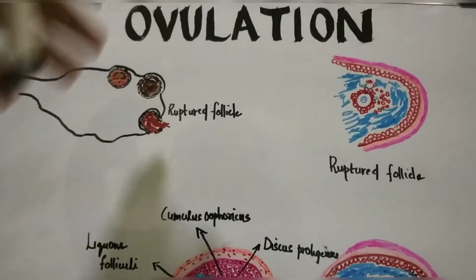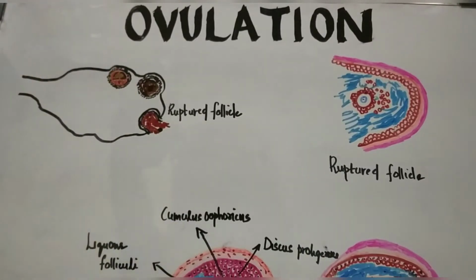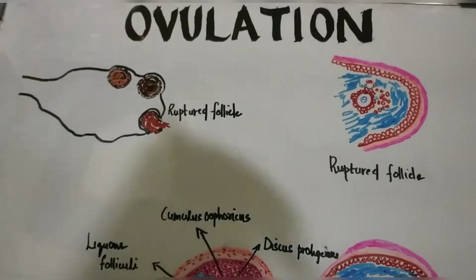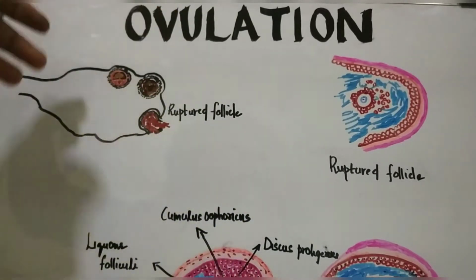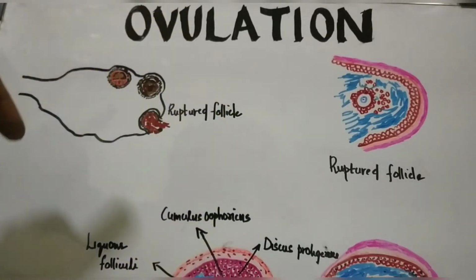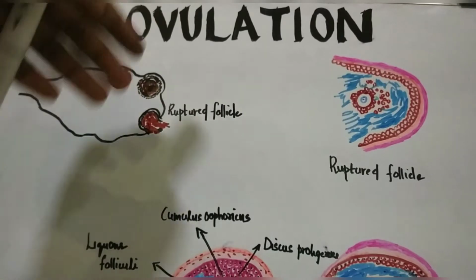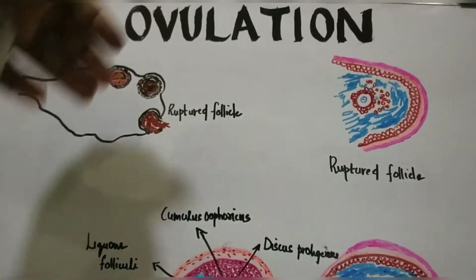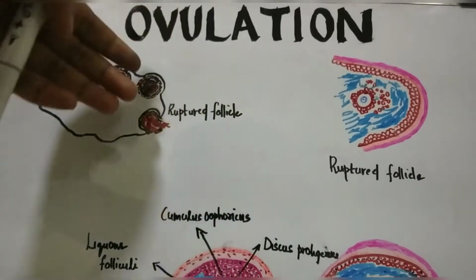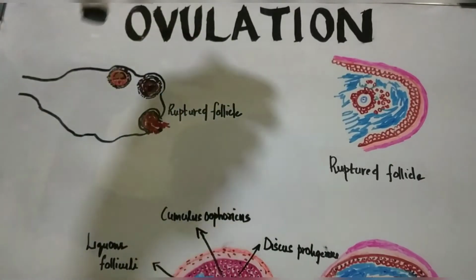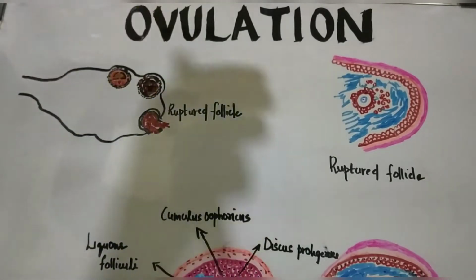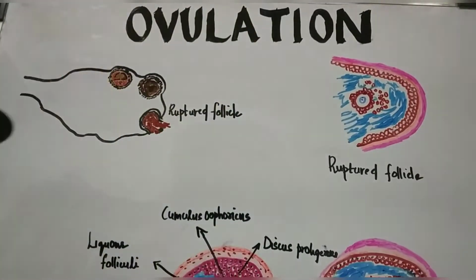In this figure you can see the last stage of the Graafian follicle just prior to rupturing. At first, when it was a primary follicle, it was very small compared to the size of the ovary. But a Graafian follicle is about 15 mm, and it creates a bulge in the wall of the ovary. Just prior to rupturing, it completes the first meiotic division, and the secondary oocyte and the first polar body are formed.